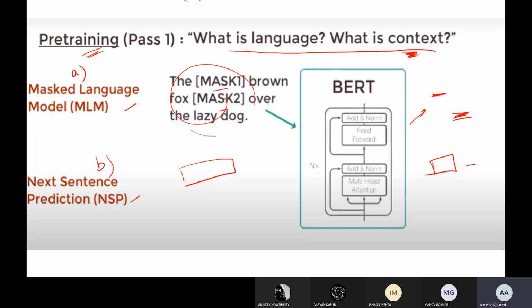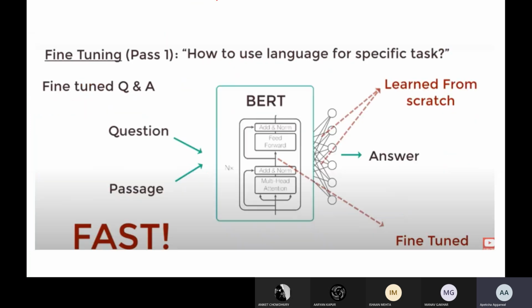Okay, after the model has trained, it will have certain weights, and now it will fine tune those weights. The weight matrices are already there. Suppose you have generated pre-trained weights and you want to do question answering.